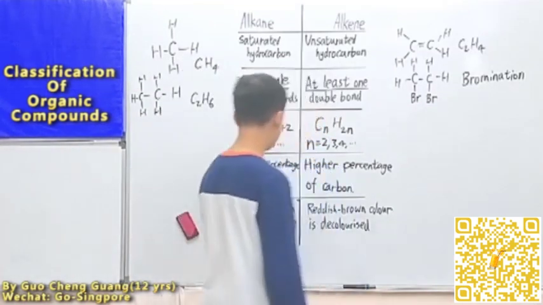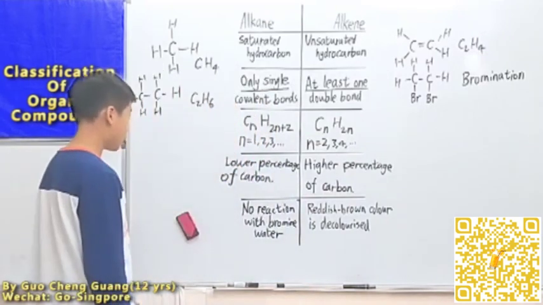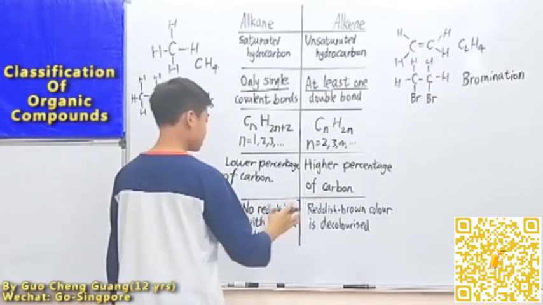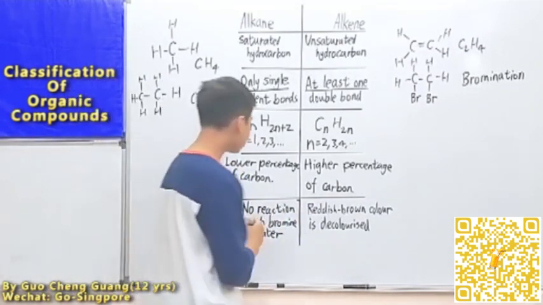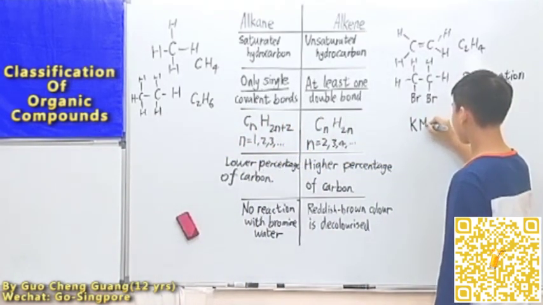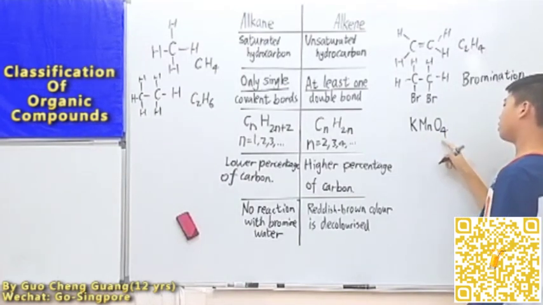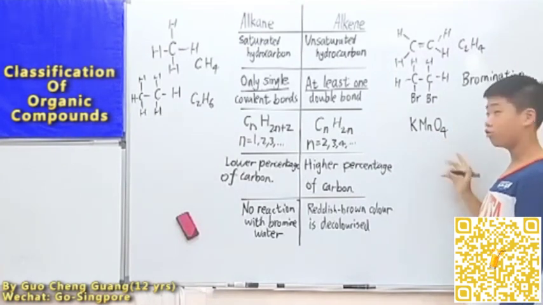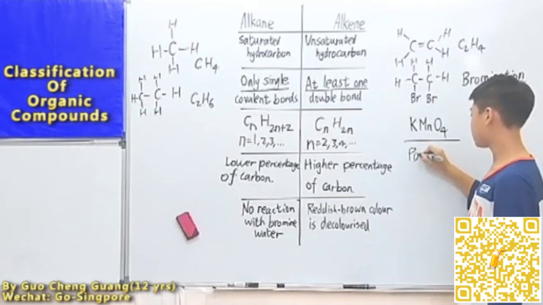For this part, not only bromine water, you can experiment with other types too. So that's one possible chemical reaction. Another reaction is when you put it with KMnO4. K is potassium, Mn is manganese, O4 is oxygen.